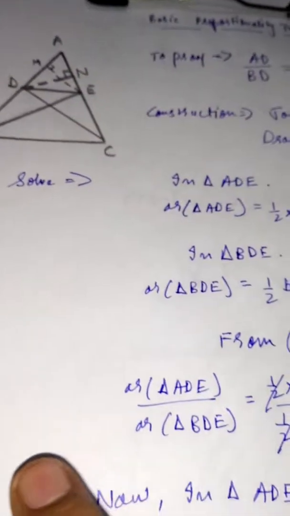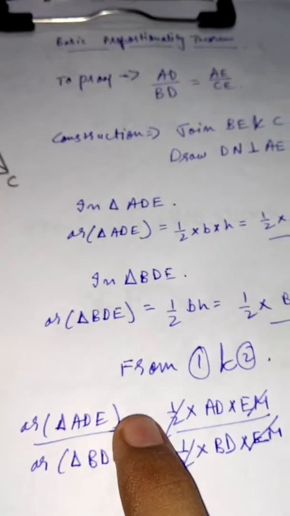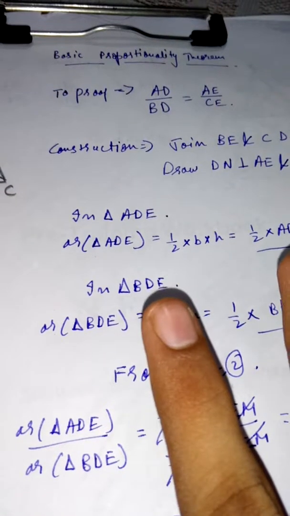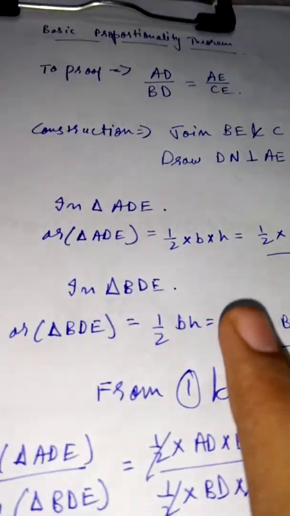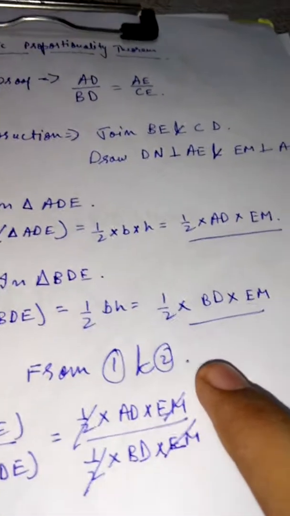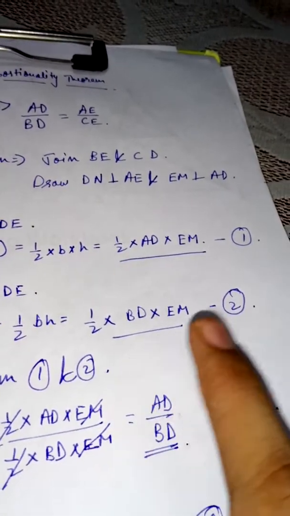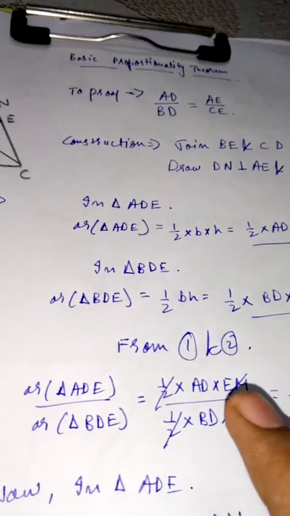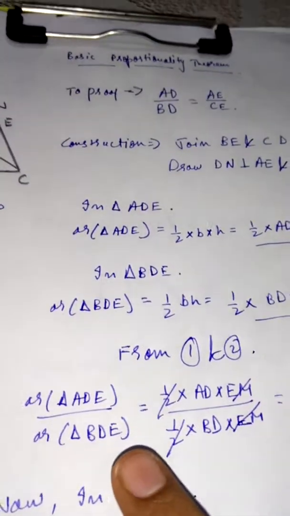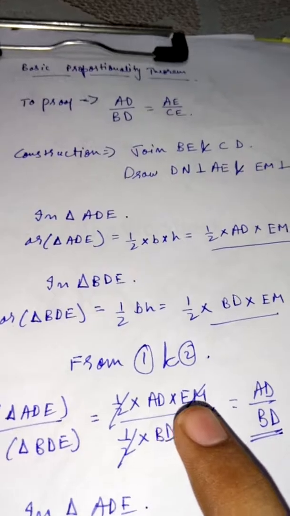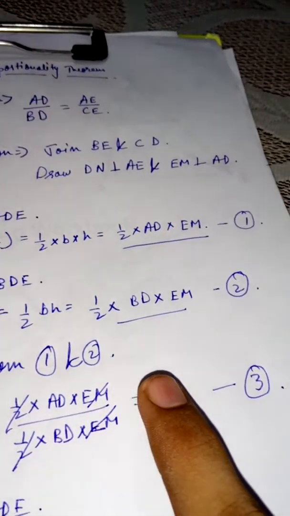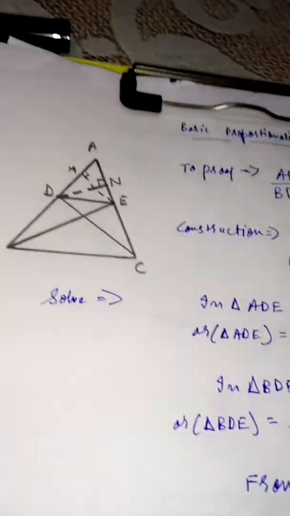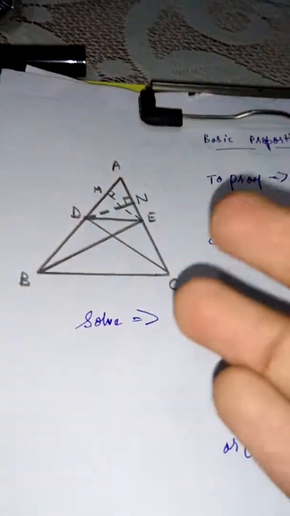Now we start solving. In triangle ADE, the area is half base into height, which gives half into AD into EM, which we mark as equation 1. In triangle BDE, the area is again half into base into height, which is half into BD into EM, the second equation, and we can cross check it with the diagram.